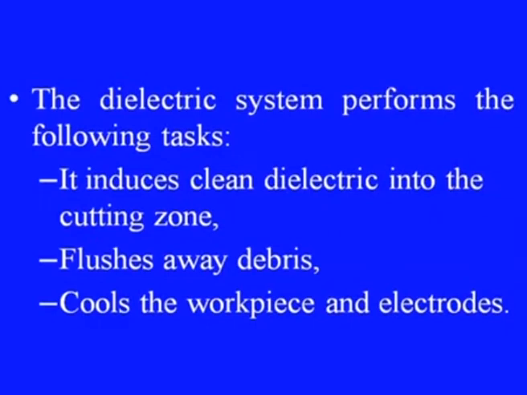Number one, it induces clean dielectric into the cutting zone, which is very much required for getting ionized and thereby creating a plasma column, as we will see later during the mechanism of material removal, or the working principle of this process.